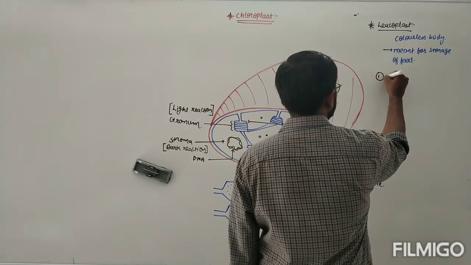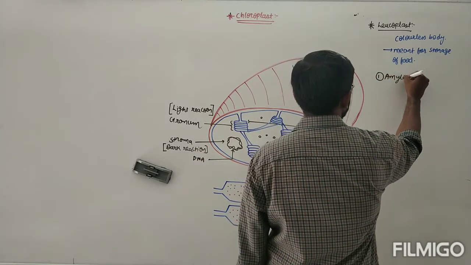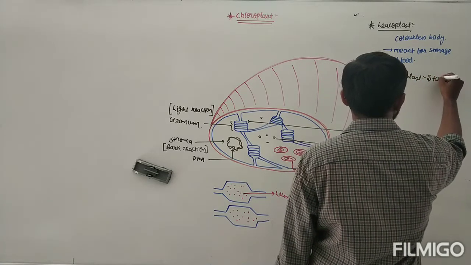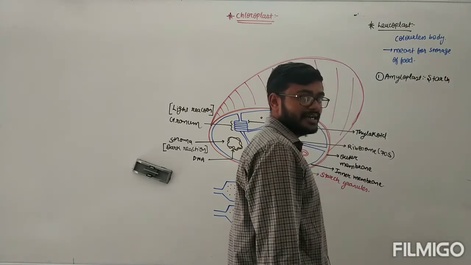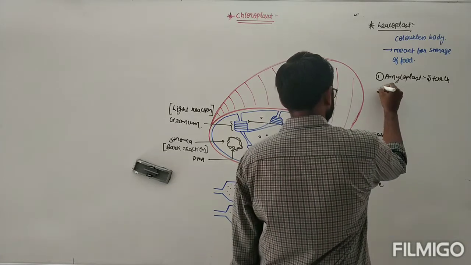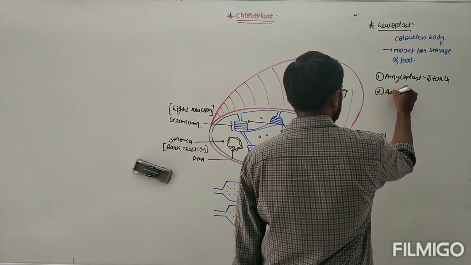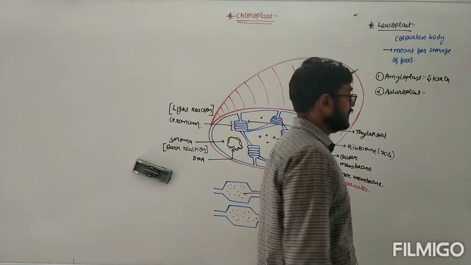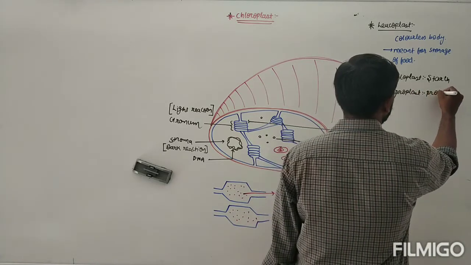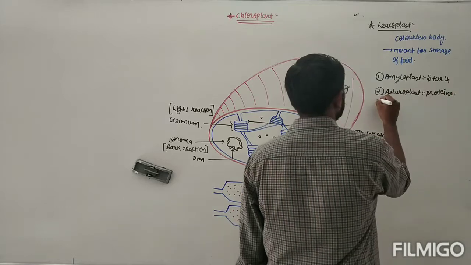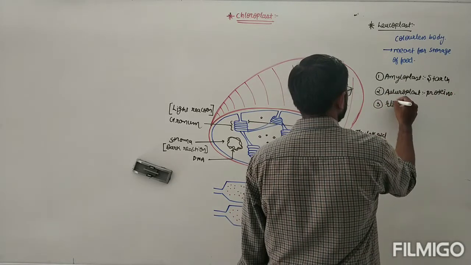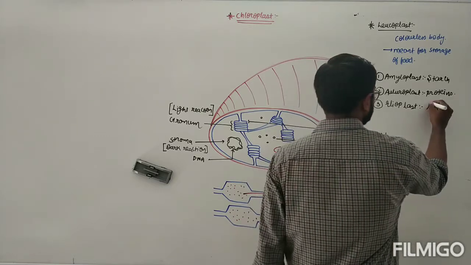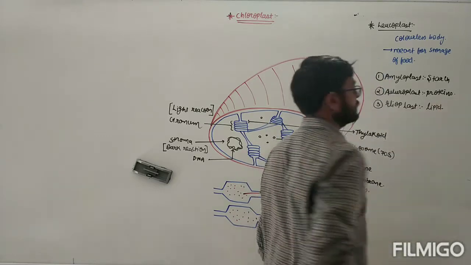The first one is termed an amyloplast, which stores the starch. The next one, elaioplast... sorry, the next one, aleuroplast, is going to store proteins, and the third one is termed an elaioplast, the storage of lipid.